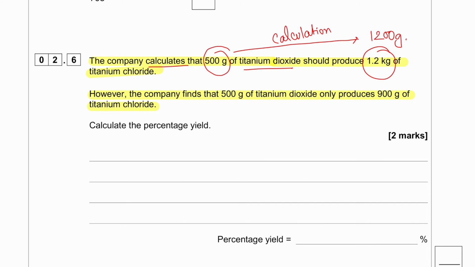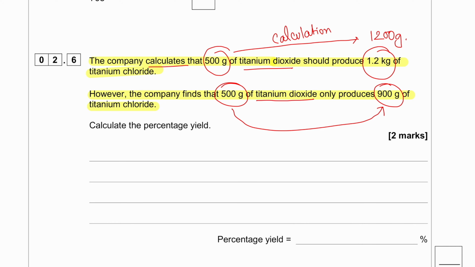However, in practice, the company finds that if they have 500 grams of titanium dioxide, they can only get 900 grams of titanium chloride, which can be mostly due to impurities. This titanium dioxide can have many impurities, like sand in it, silicon dioxide, which will not react.